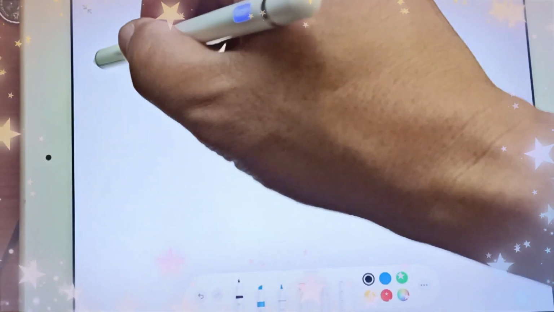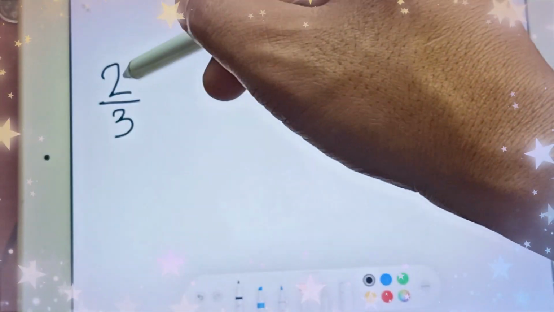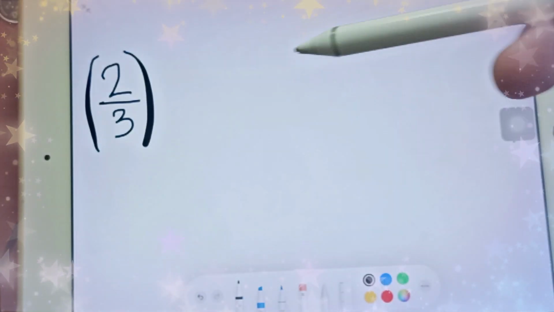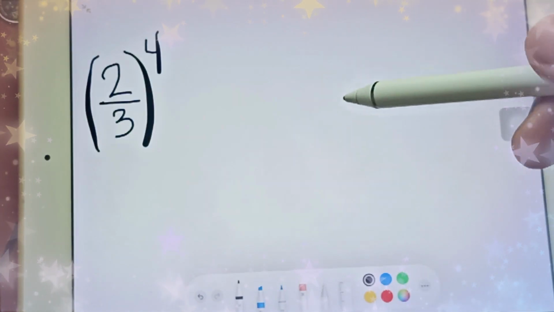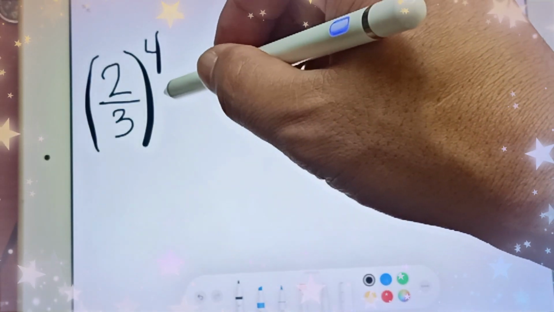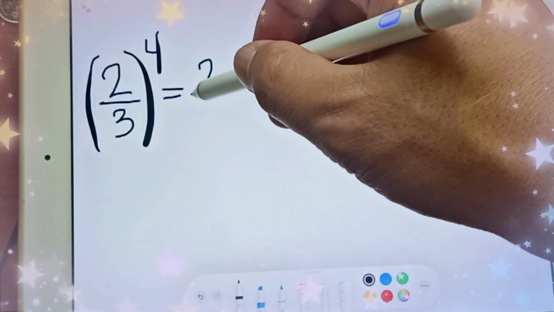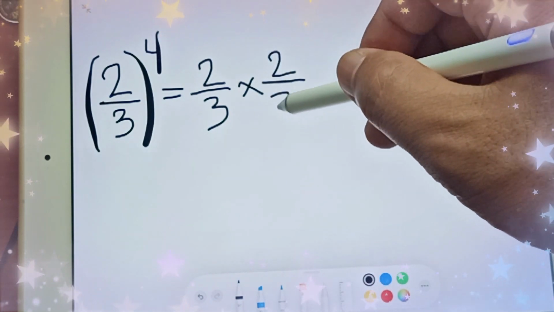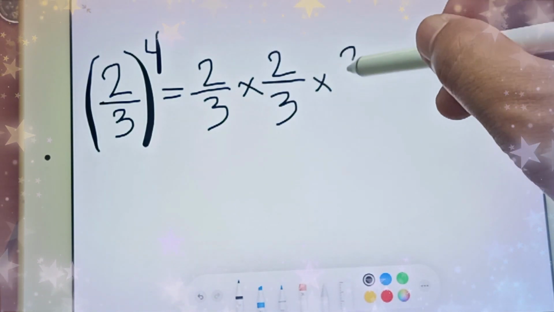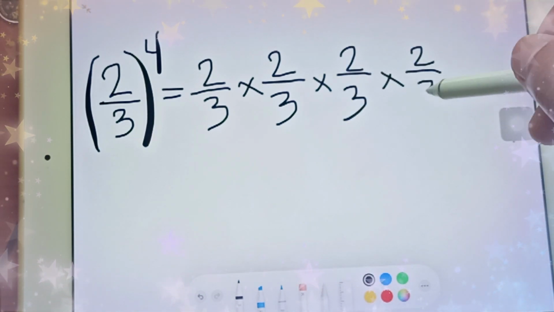Okay, this time let's have a fraction example. For example, if you have 2 over 3 raised to the 4th power, that means you have to multiply 2 over 3 to itself 4 times. So it will become 2 over 3 times 2 over 3 times 2 over 3 times 2 over 3.